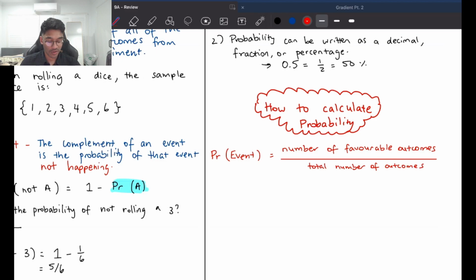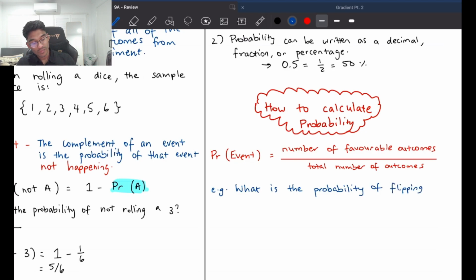So the worked example I'm going to do is, and I want you to write this down with me, for example, what is the probability of flipping a coin and landing on heads?